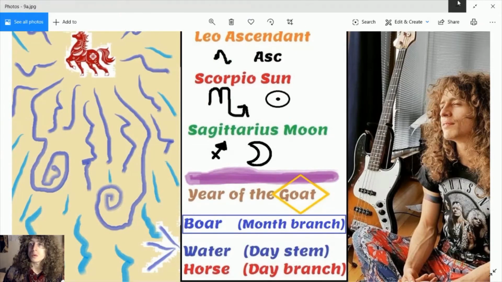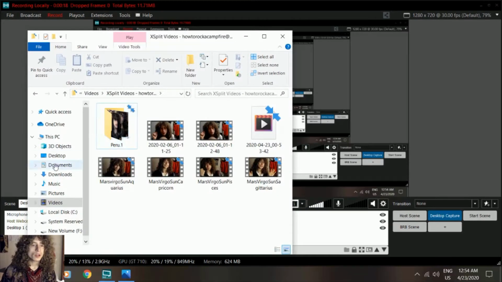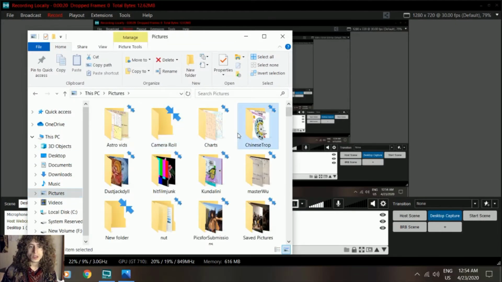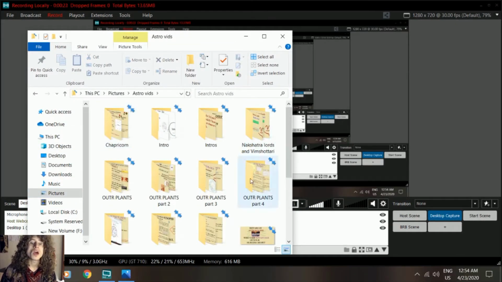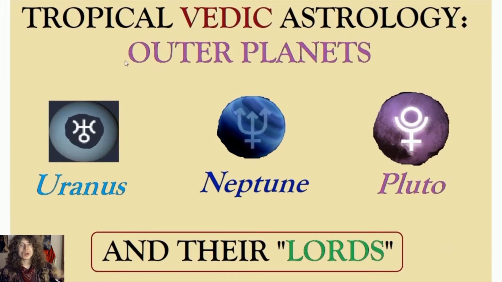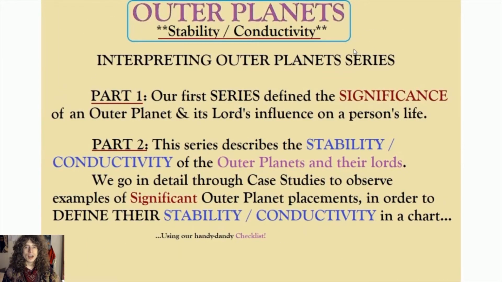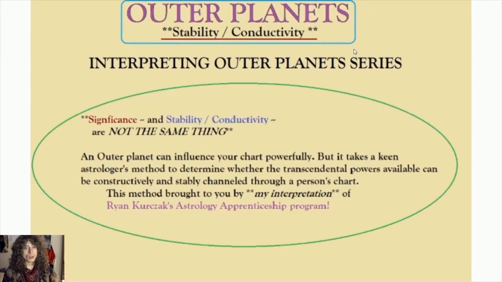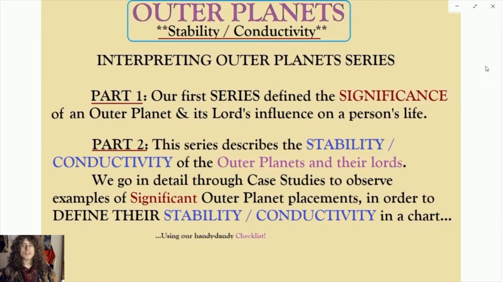We've been talking... Ooh, I lost my picture here. I've been continuing a series where we talk about the outer planets as they relate to tropical Vedic astrology. I'm a tropical-based Vedic astrologer, and I'm trying to introduce the outer planets from the West to Vedic astrology. Today in particular, we are talking about significance versus stability and conductivity.